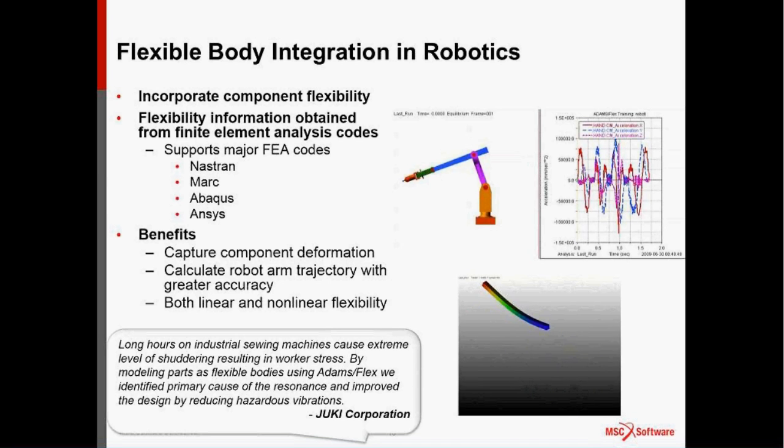So our flexible body integration method can work with some of the major FEA codes like MSC Nastran, MARC, Abaqus, or ANSYS. So if you are using those FEA software as your simulation tool, that can be coupled with Atoms to help you increase the accuracy of your dynamic model.